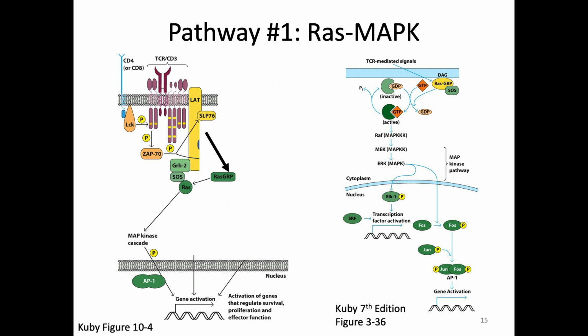And you can see that here. RAS gets activated as a result of LAT and SLP76. Once we have RAS activated, we turn on our MAP kinase cascade, which involves MAPKKK, MAPKK, and MAPK. And that turns on our transcription factor and allows our transcription factor to do transcription.